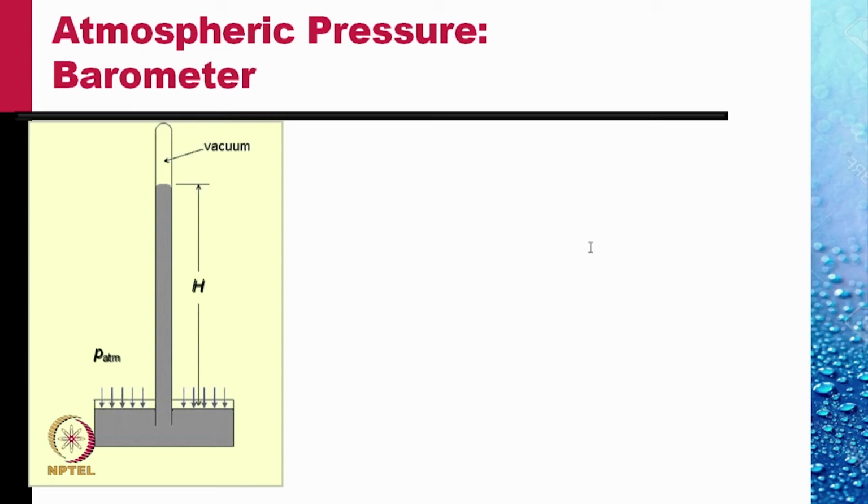A long tube, about a meter long, closed at one end and open at the other, is filled with mercury and is inverted into a cup of mercury. The level of the mercury decreases slightly and then it comes to equilibrium, such that a column of height h is held up in this tube, which is closed at the top end.